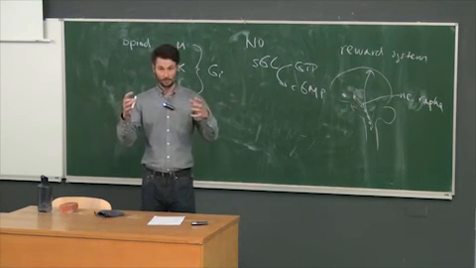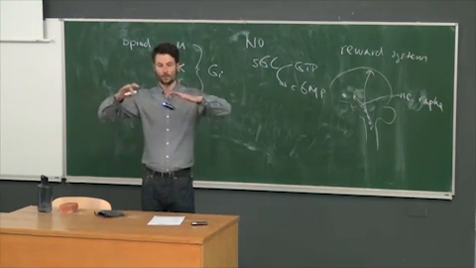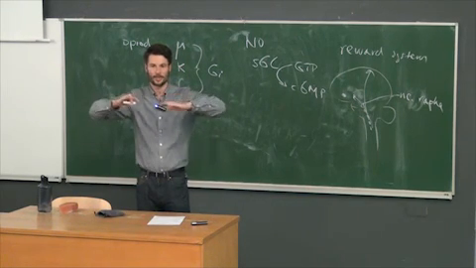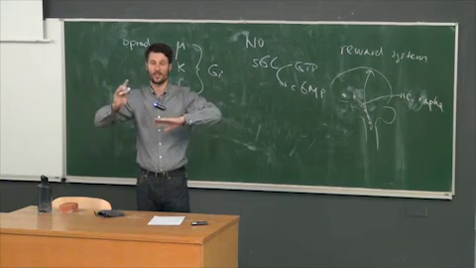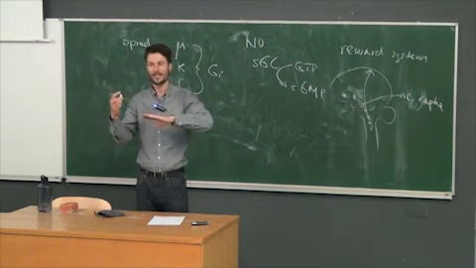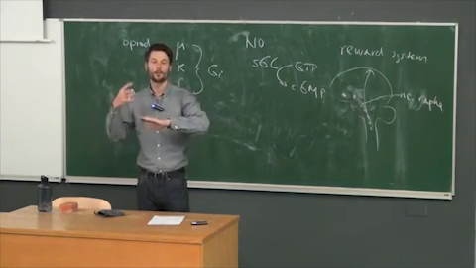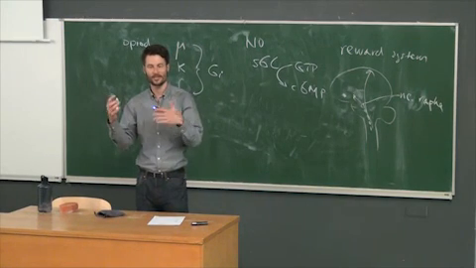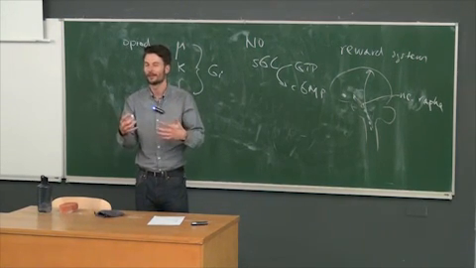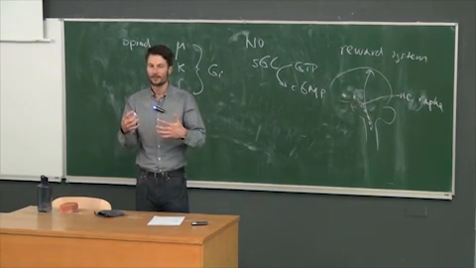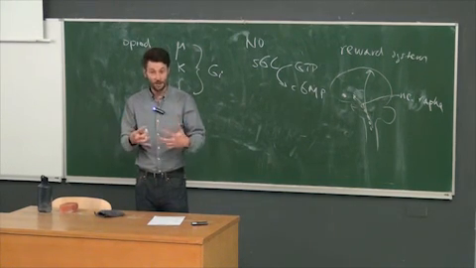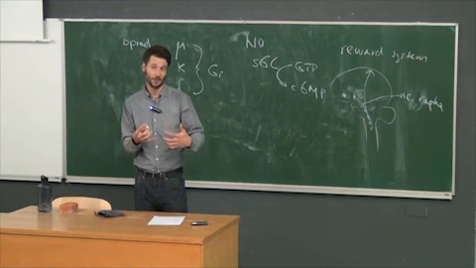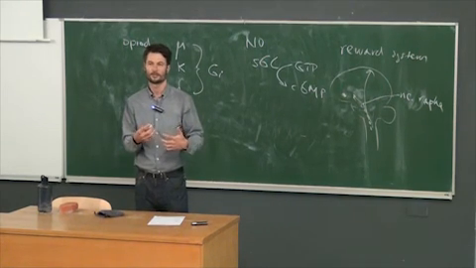When it opens, it allows chloride in, so the membrane potential becomes more negative. And if the membrane potential is more negative, the cell is hyperpolarized. It needs more inputs in order to be activated. So it's kind of pre-inhibited in a way, if you know what I mean. So it's stopping the action potential. It makes it harder for the cell to start an action potential.